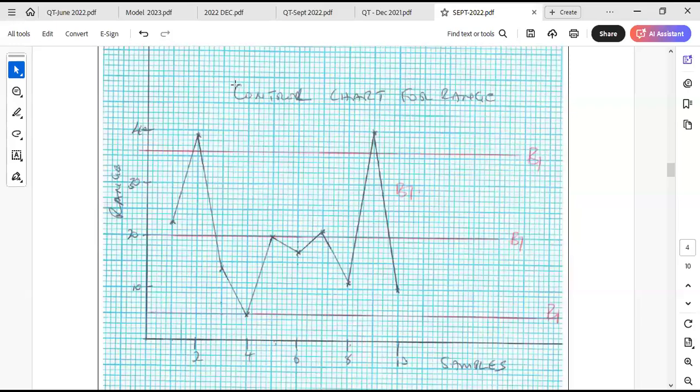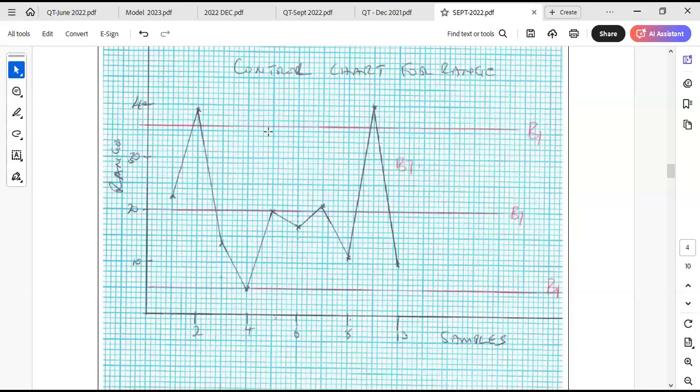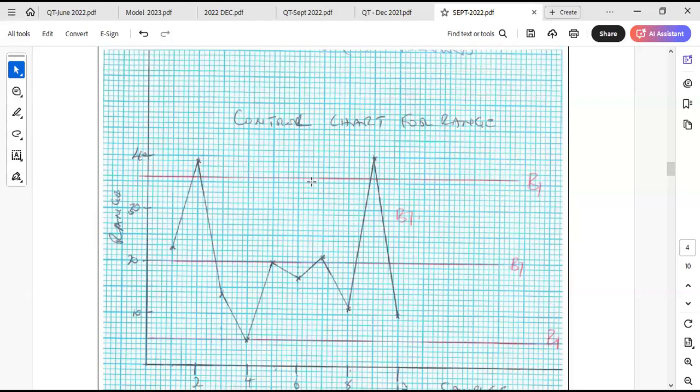In a situation where the process is out of control, as a company, you have to take the necessary steps to do the right things. You try to figure out what could be the cause and come up with the right measures. So colleagues, that's all with the control chart.